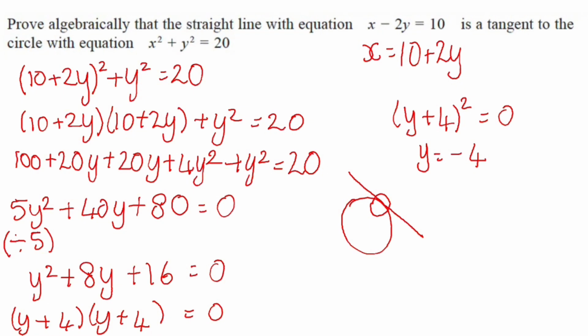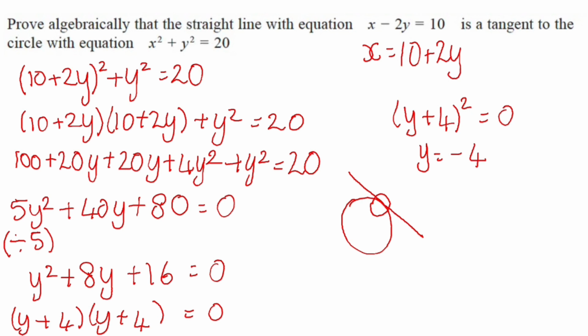Therefore, if we can prove that there is only one coordinate of intersection, so y equals -4, and we could also go in and find x as well, but we don't need to get all the marks for this question. We have therefore shown that the straight line with this equation is a tangent to the circle.